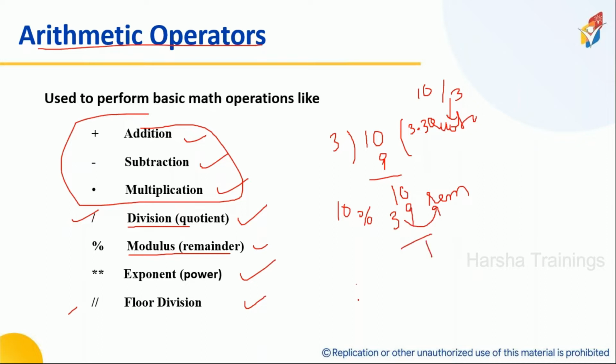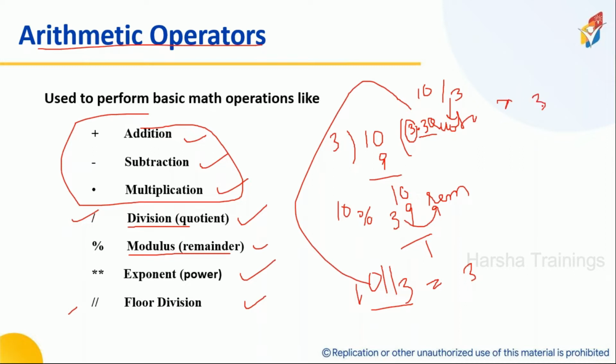If I give 10 // 3, which is floor division, it takes the same quotient, but instead of taking the rational part, it only takes the integer part. So it will give 3. For example, 10 / 3 gives 3.3, and 10 mod 3 gives 1.